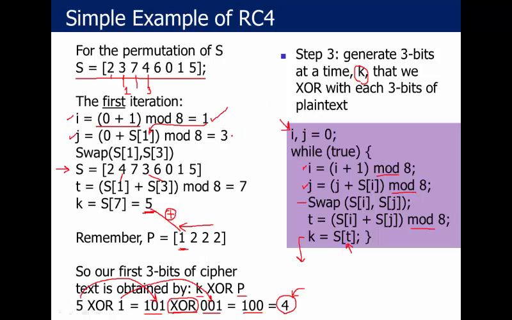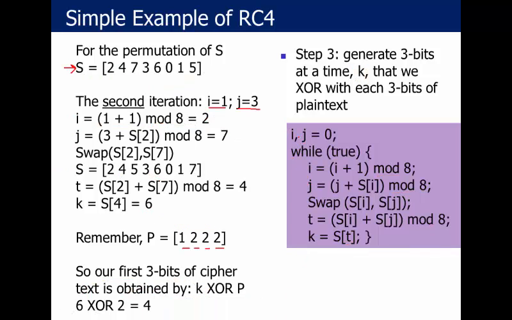This is I and this is 3, obtained in this step. So now I equals 1, J equals 3. So we need to calculate I. The new I will be computed from the old I plus 1. Old I is 1, right? So 1 plus 1 is 2. So 2 mod 8 equals 2.